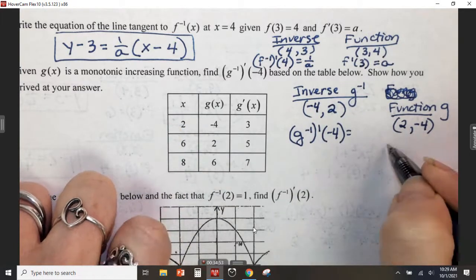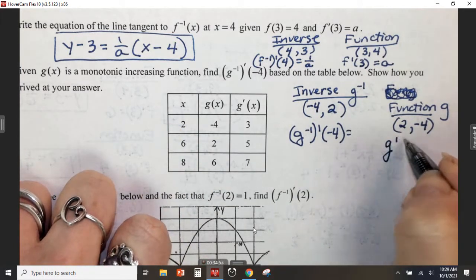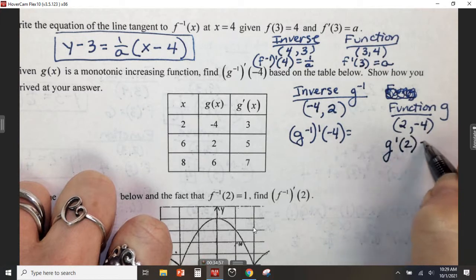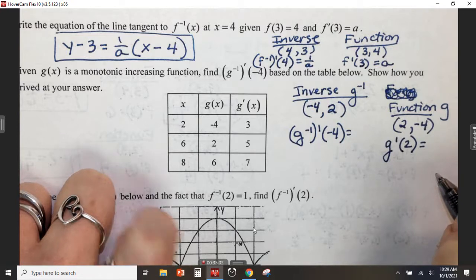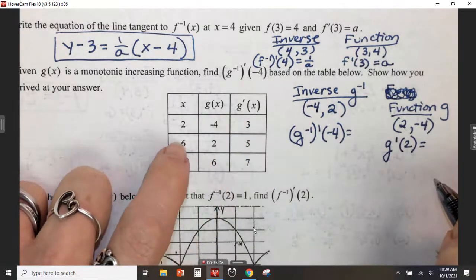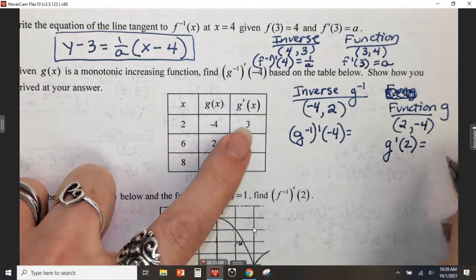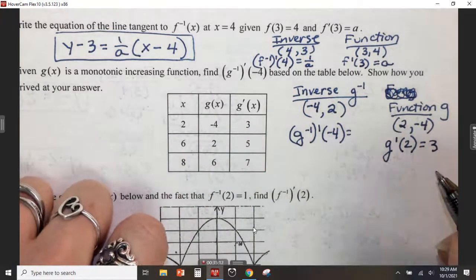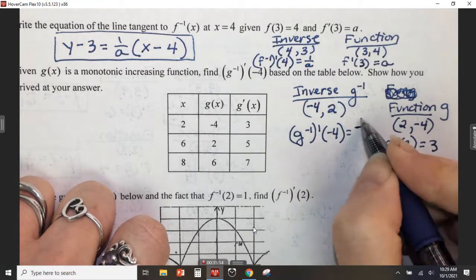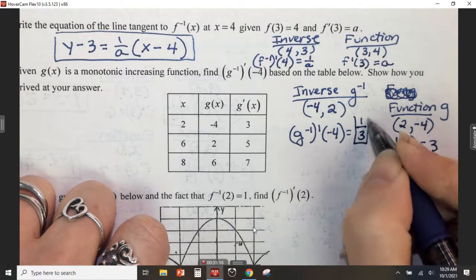So now I need to know what g prime of 2 equals. I can get that out of the table as well, can't I? G prime of x for x of 2 gives me 3. So what is g inverse prime of negative 4? 1/3. Yes, the reciprocal.